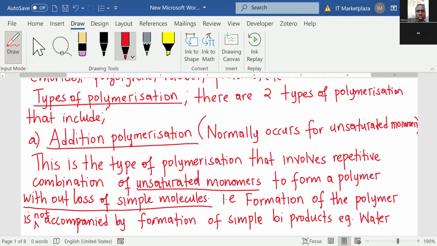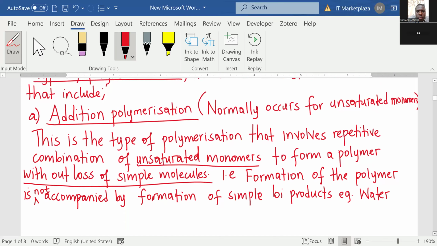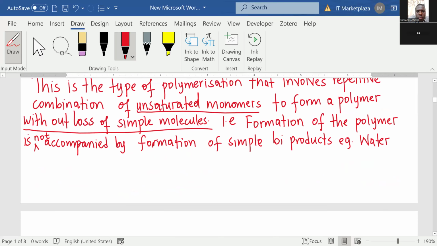So the polymer is formed independently, alone.